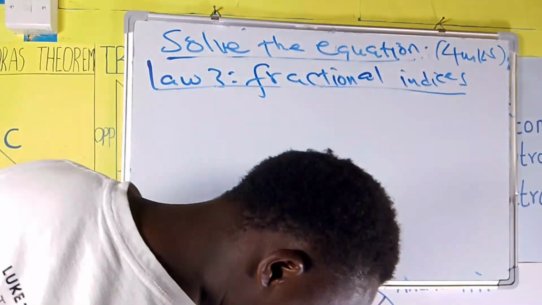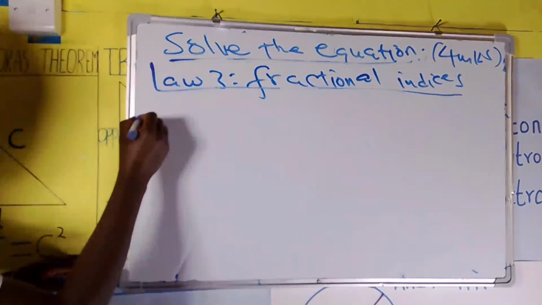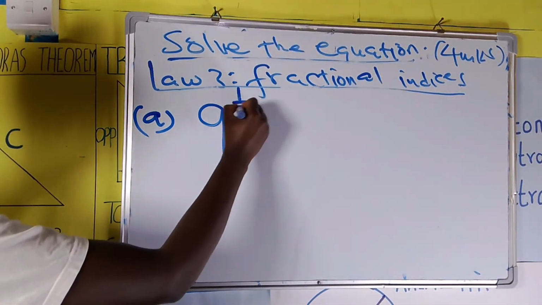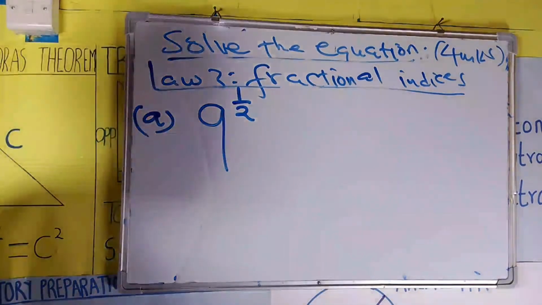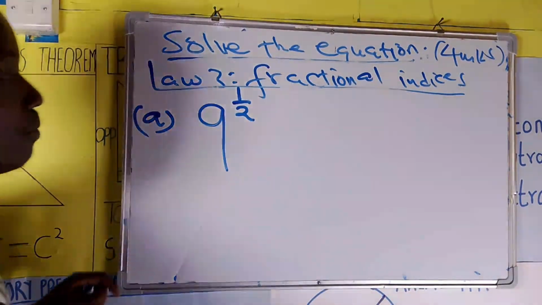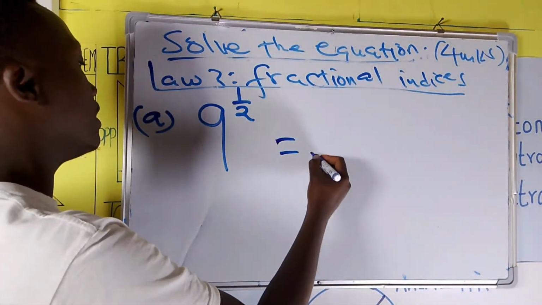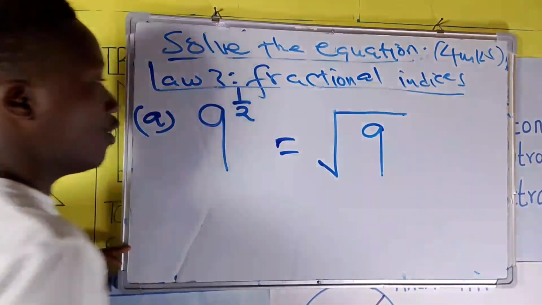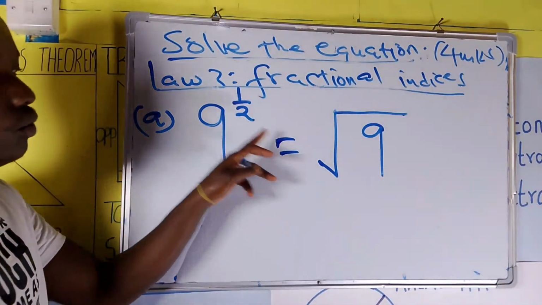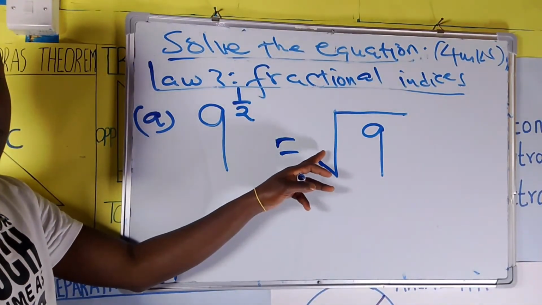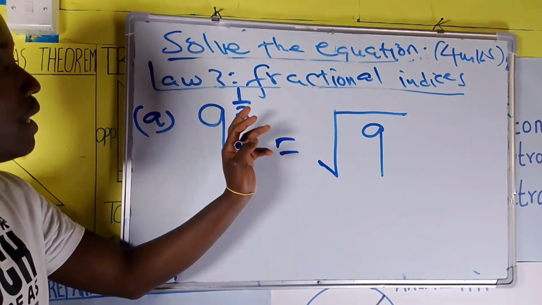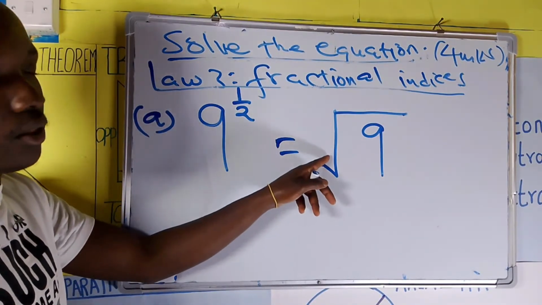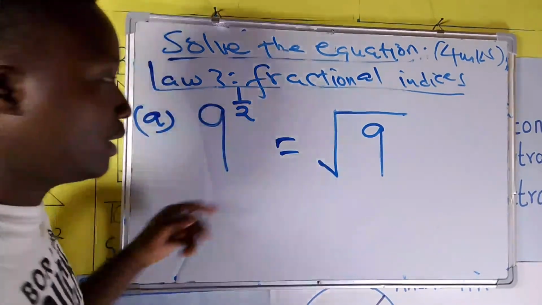If we have a question here, 9 to power a half is the same as finding the square root of 9. I hope you know the second root is the same as the square root.